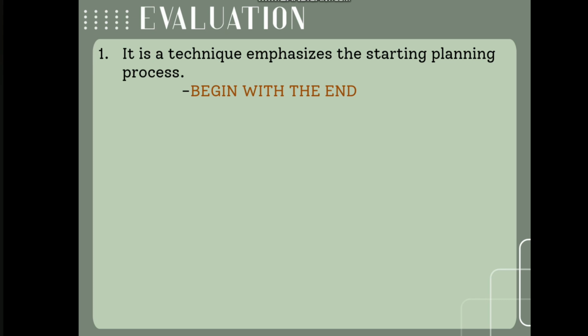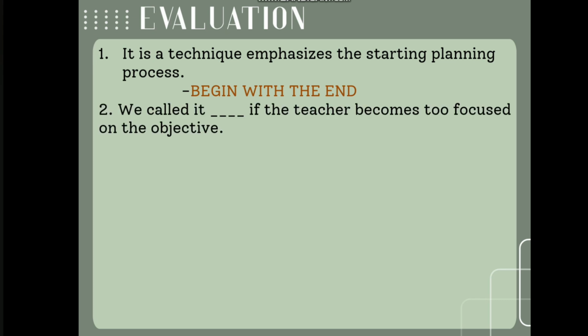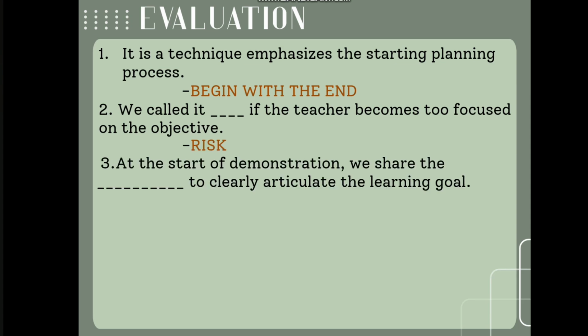There. Question number 2. We call it blank if the teacher becomes too focused on the objective. Again, we call it blank if the teacher becomes too focused on the objective. 5, 4, 3, 2, 1. There. Question number 3.